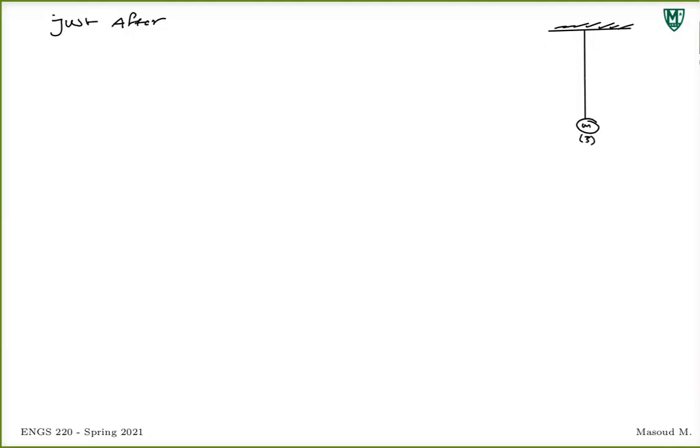When it hits this pin, the rotation is not, so remember before, the rotation was about point O. This was the rotation of the system. We took the radius as L, the distance between where we are and where the rotation is happening for that particle.